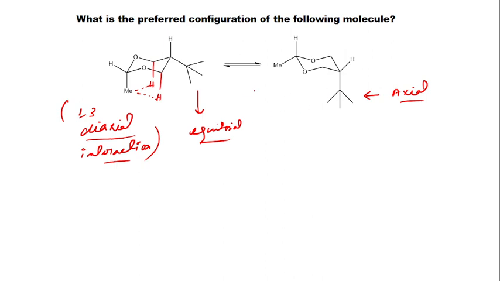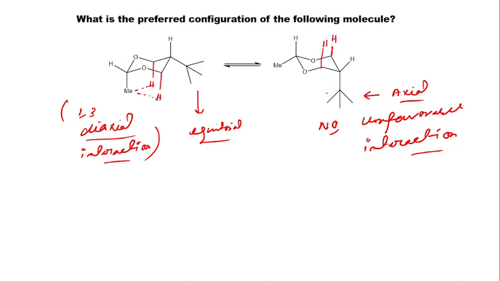And here, once it flips to a different form, see, no hydrogen here. And now these two hydrogens are projected to the opposite sides. So there's no 1,3-diaxial, so no unfavorable interaction, though this group is present axial. So this is the most stable conformation.